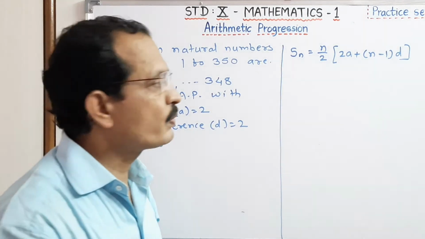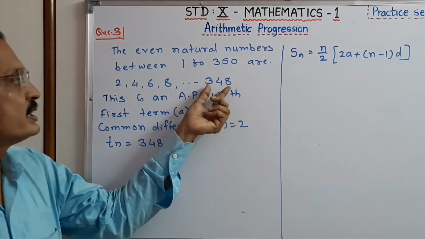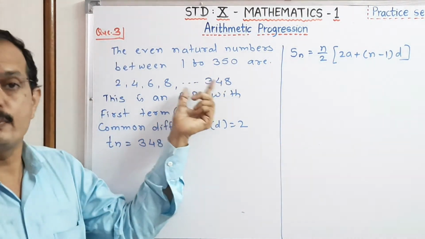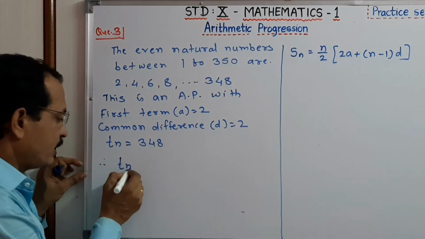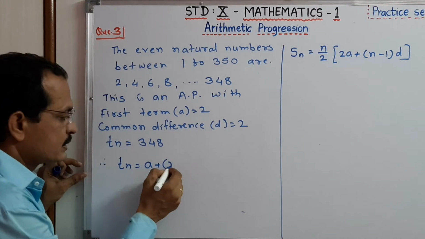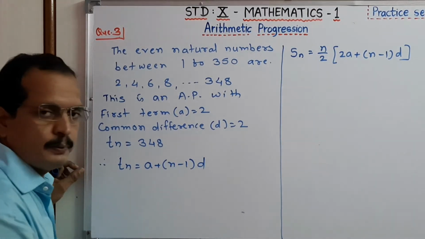Dear student, for finding the position of 348, we use the Tn formula. Therefore, Tn is equal to A plus n minus 1 into D.